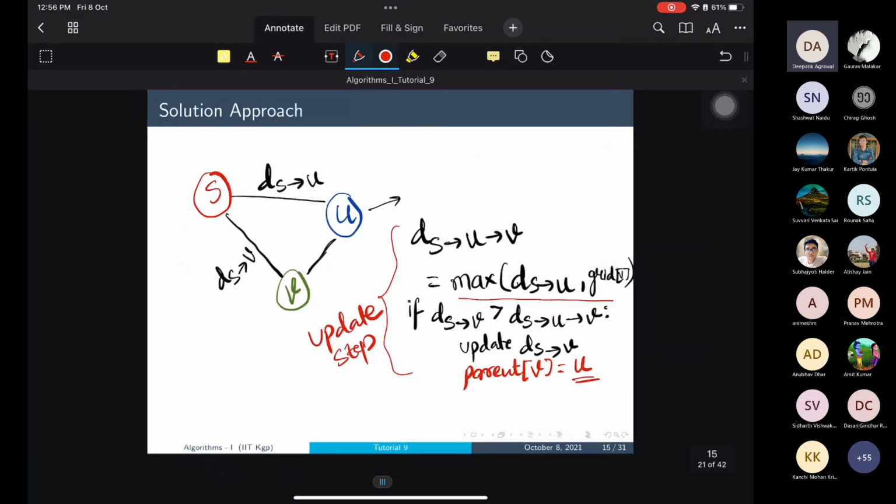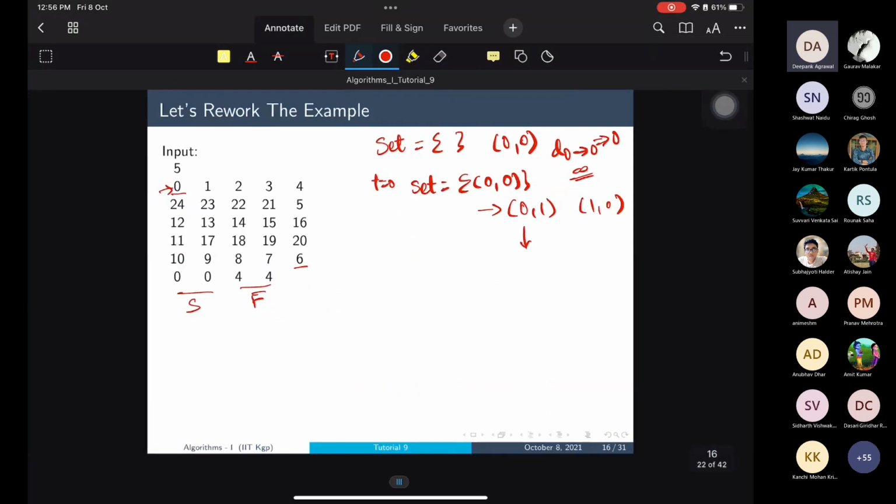So the max will be max of 0, 1. Okay, so it will be a value of 1, and for this particular we have maximum of 0, 24, which will be 24.